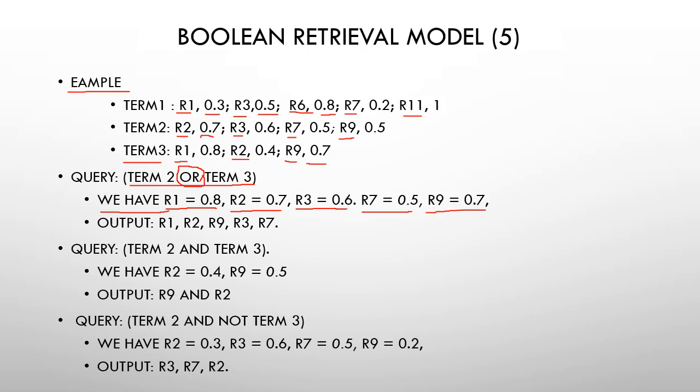Now the output is arranged based on the weight in decreasing order. So the first rank would be R1 with 0.8, and then R2 with the weight of 0.7, R9 also the weight is 0.7, and then R3 the weight is 0.6, and R7 the weight is 0.5.